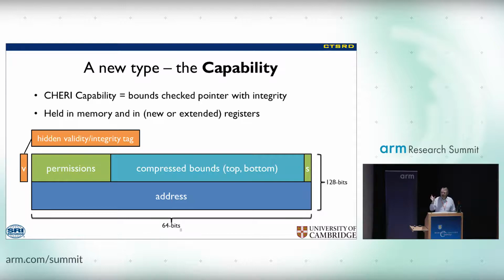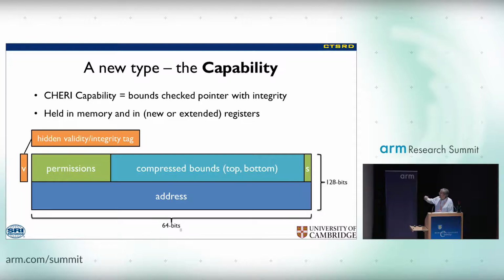And that capability can be stored in memory, or it could be held in registers. In our current implementation, which is a MIPS-based one, we introduced a completely separate register file, a bit like adding floating point registers, in order to store these capabilities. But we now think it's probably better to, say, extend the integer register file.